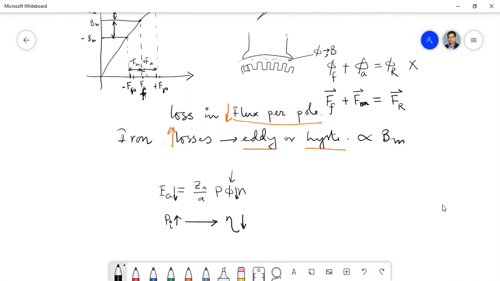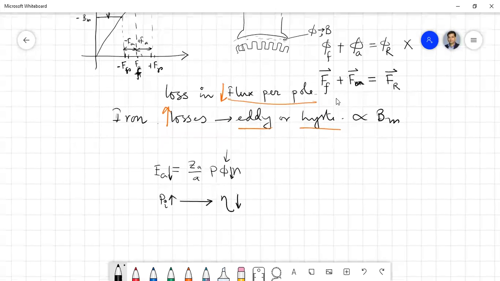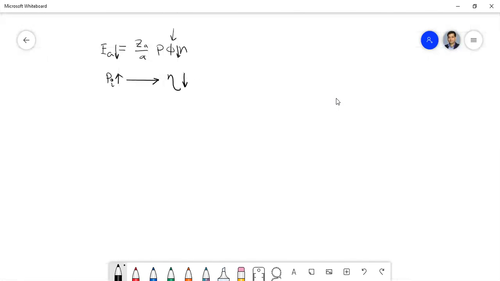Okay. So in the last class, I was discussing the four effects of armature reaction. These effects are the reduction in MMF, the increase in iron loss, and the sparking. So these three points I already discussed. Sparking, I think you have understood.